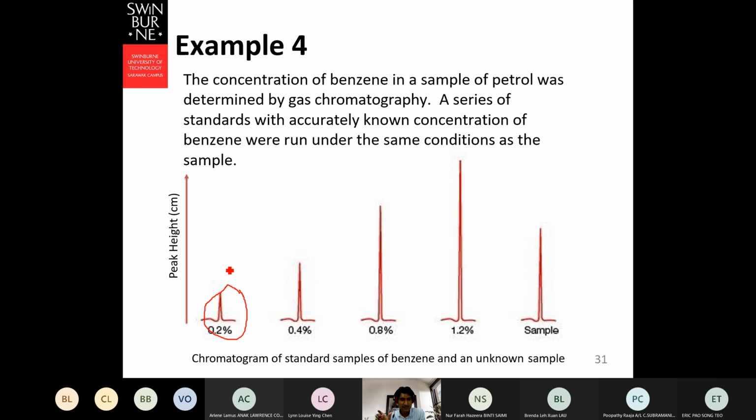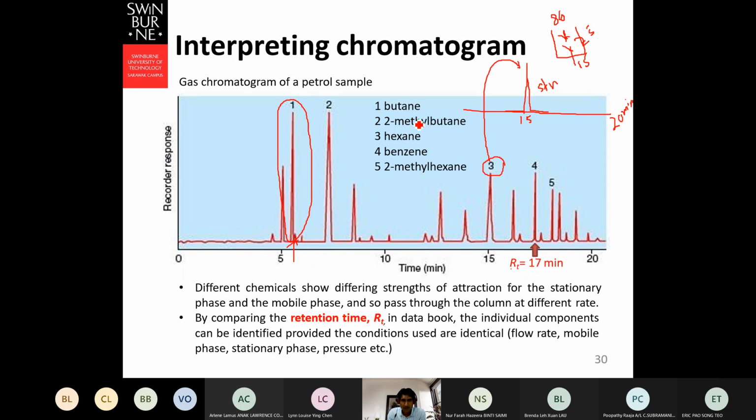Let's say this is for 25% of the standard sample, and I got a peak this big at 15 minutes.